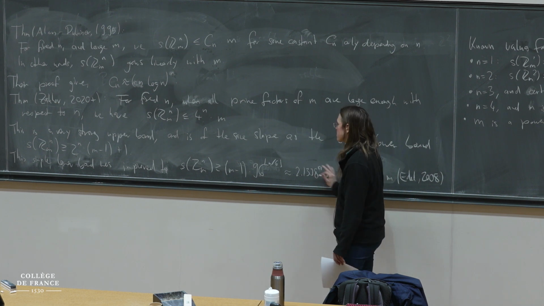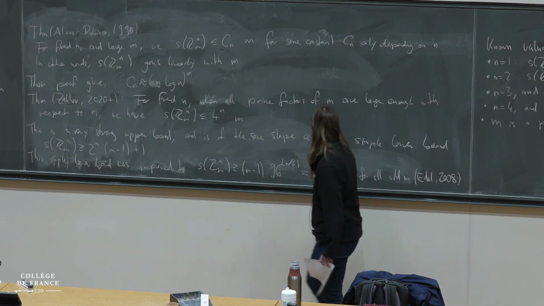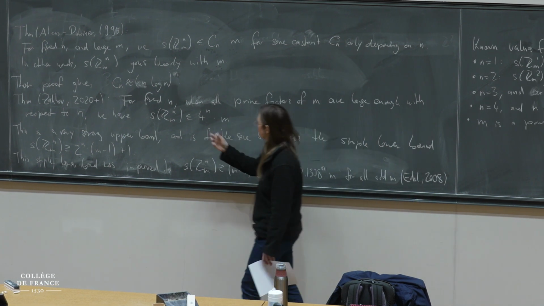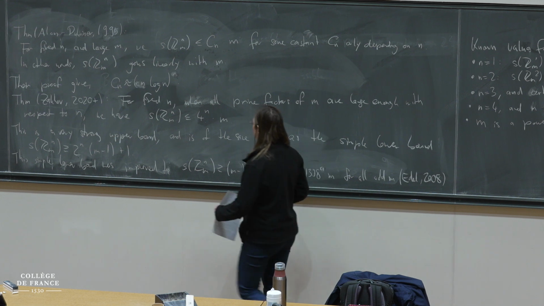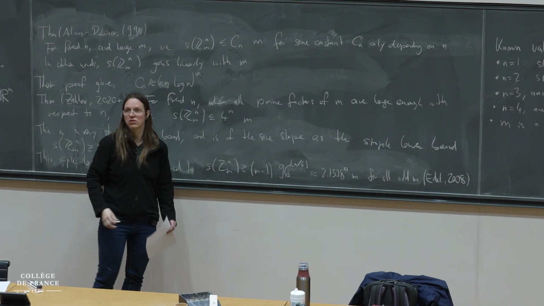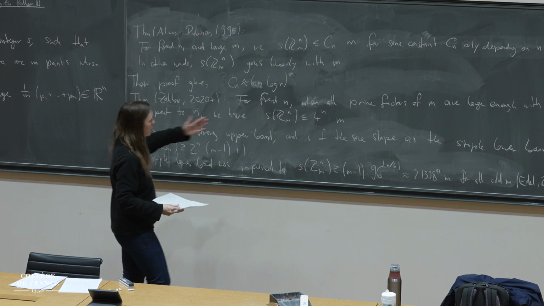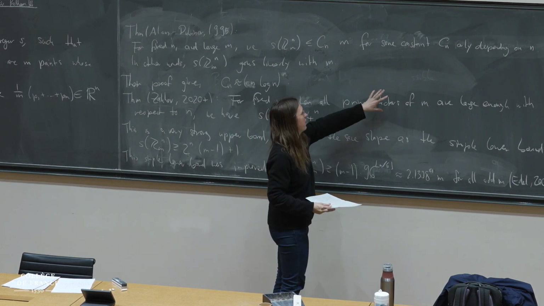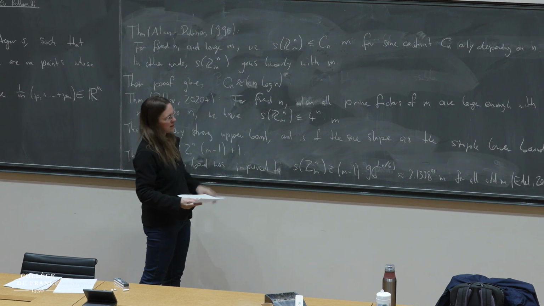Okay, but this means that the 2 here is clearly not optimal. It's not known what one should think is the optimal constant, but the much bigger problem is to even prove such an upper bound with such a constant here. Because A, there's the problem with the prime factor assumption, but the other thing is this was all for fixed n.